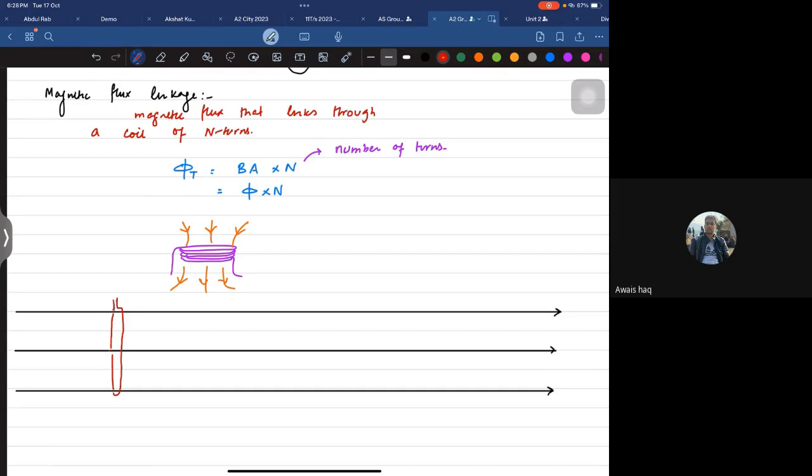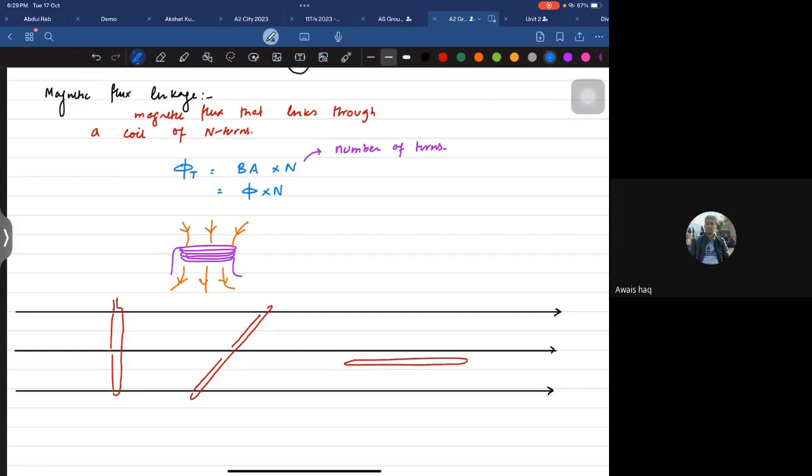Or your wire could be at a certain angle to it, or it is also possible that your wire is completely parallel to the magnetic field.